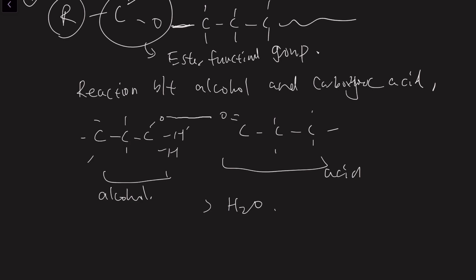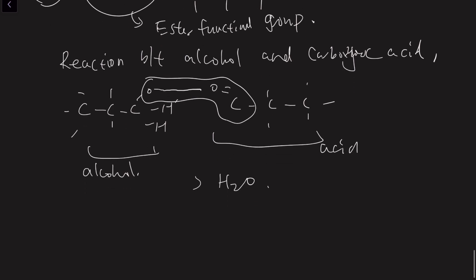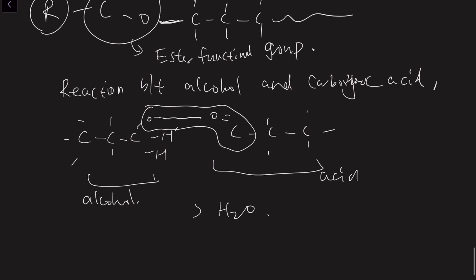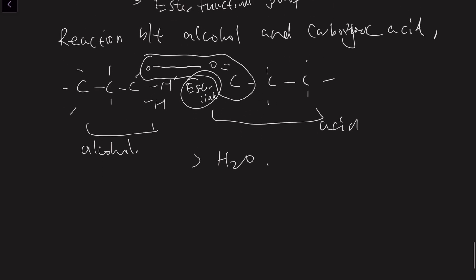So you get this COO functional group. And this is called the ester link, or ester linkage. So it is a product of primary alcohol and carboxylic acid.